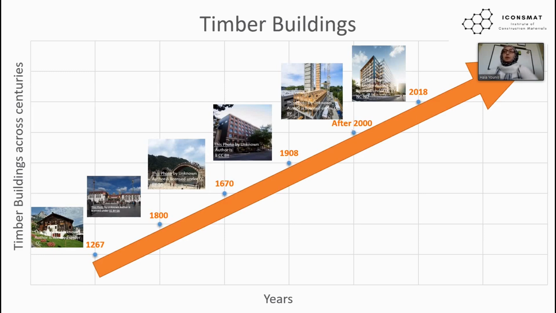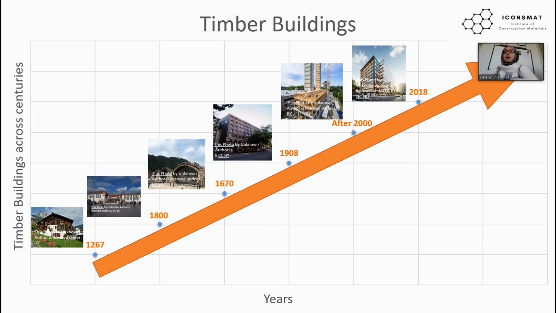All those old buildings are still strong and standing until today. So from the figure and all those buildings, we can see that timber is commonly used as a structural material for small buildings and short-span bridges since decades back, as I said before.